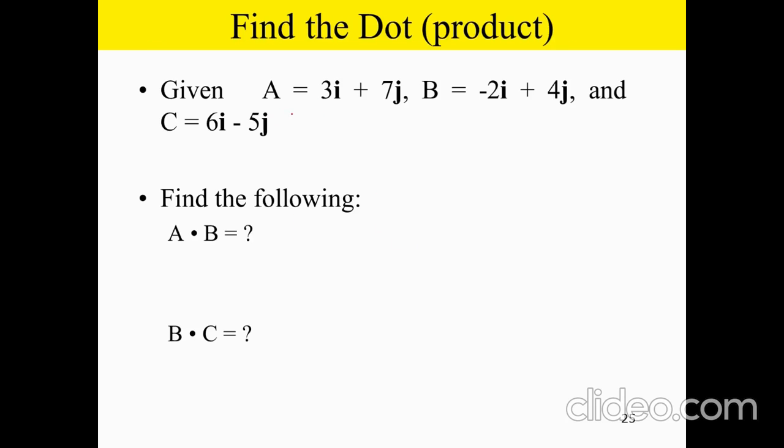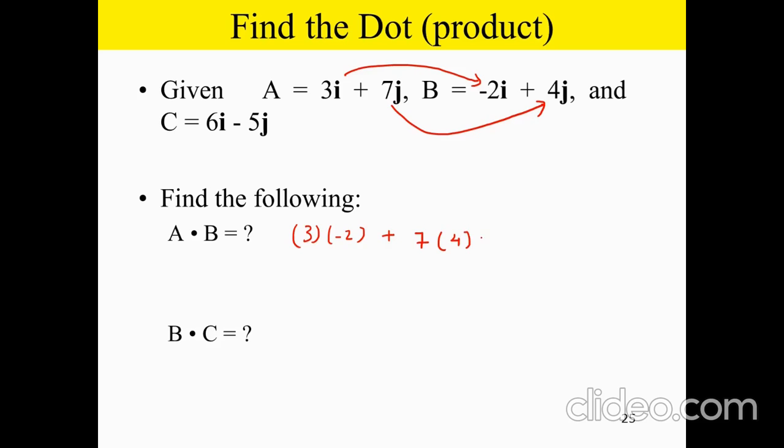So let's do an example. Here you are given three vectors a, b, and c, and we want to take the dot product. When you take the dot product of vector a and vector b, like we were saying, i and i get multiplied and form 1. So the first term will be 3 times minus 2, which is the multiplication of these two values, and the second term will be the multiplication of j dot j, which will again give you 1, so you get 7 times 4.